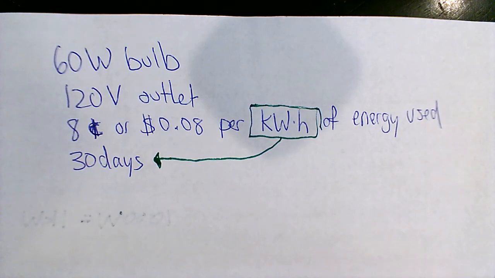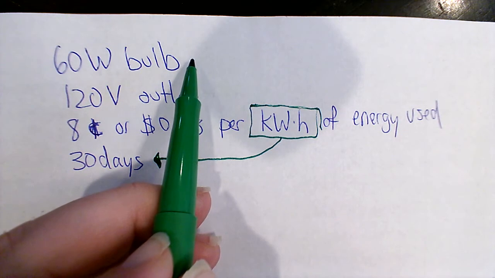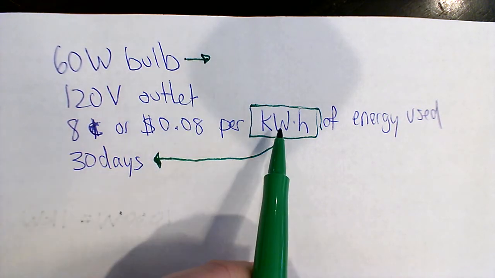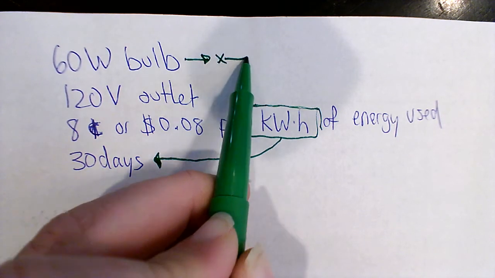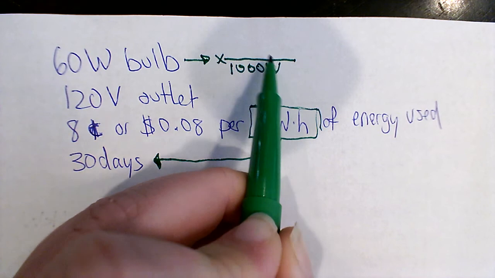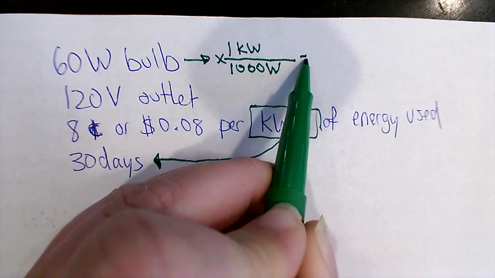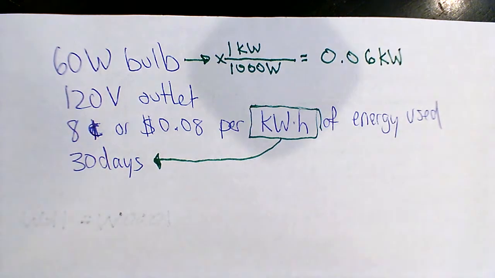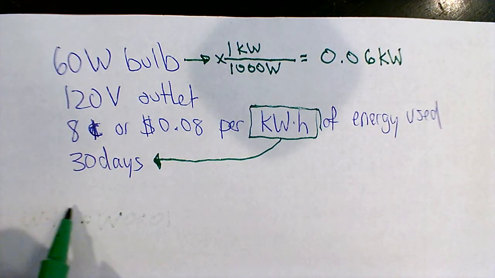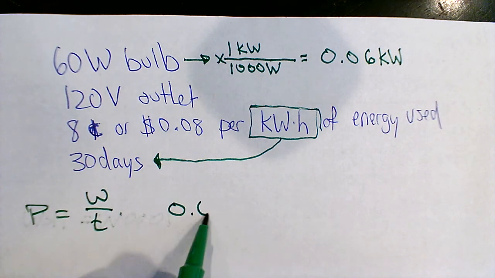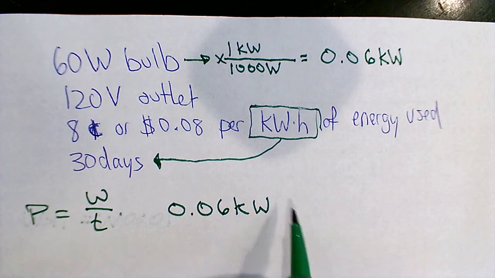It's a 60-watt bulb, but I need kilowatts. There's 1,000 watts in 1 kilowatt, so that would be 0.06 kilowatts. That's the power of the light bulb in kilowatts. Remember, power equals work divided by time, so that 0.06 kilowatts is my power.